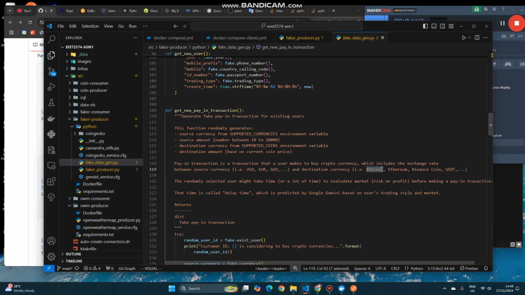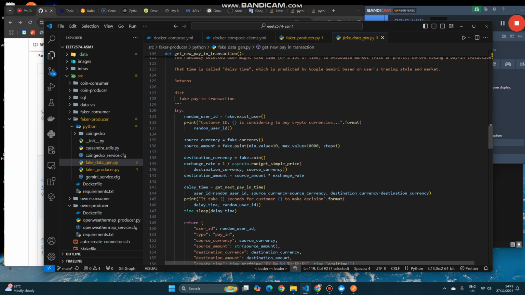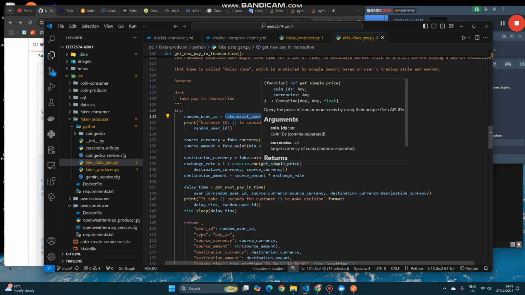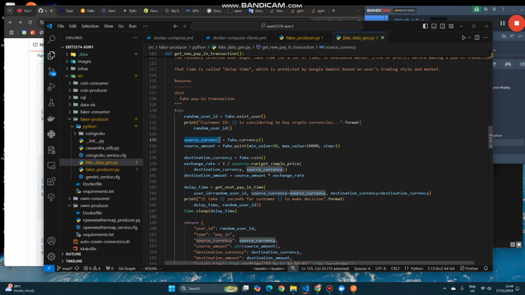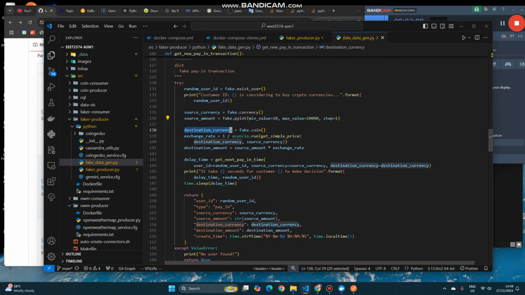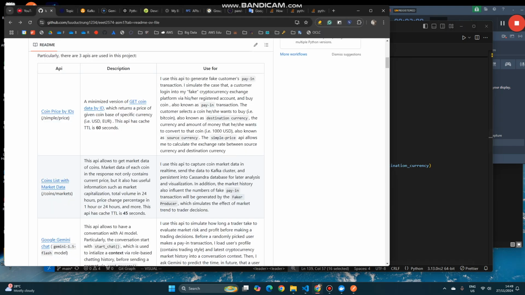The random user ID is picked from the Faker library, and the source currency is also picked randomly. The amount is also picked randomly. The destination currency is also a randomly picked coin, and we use the simple price API that I introduced earlier.